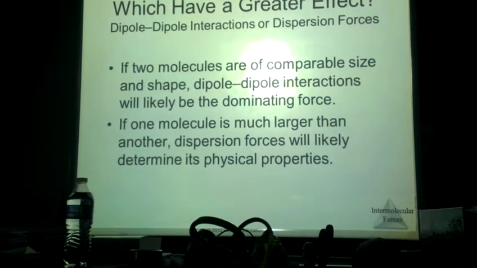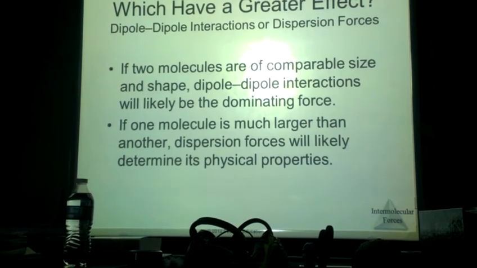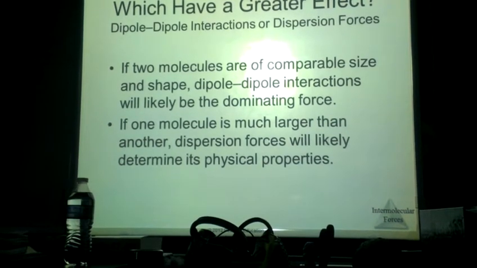And then if one molecule is much larger than another, it's going to be dispersion forces that are the stronger of the two. That's because I may have a really large hydrocarbon chain that has an electronegative atom at the end of that chain, maybe oxygen or nitrogen.